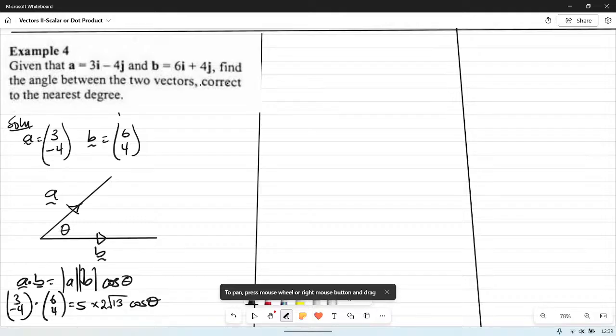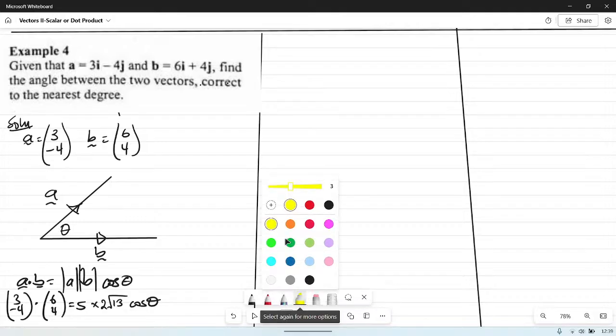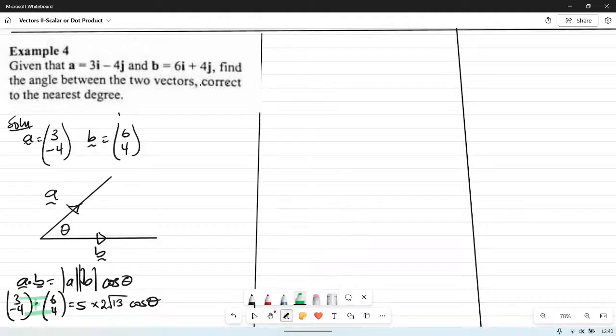Let's do the dot product. You multiply and then add. 3 times 6, which is 18, right? Plus negative 4 times 4. So 5 times 2 root 13, which is 10 root 13.